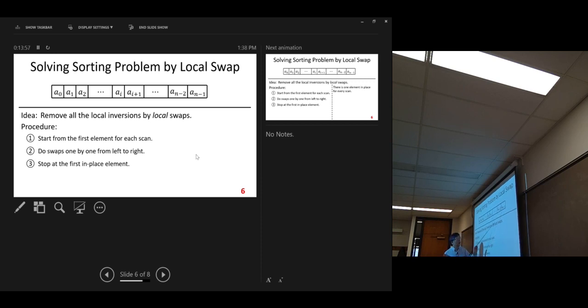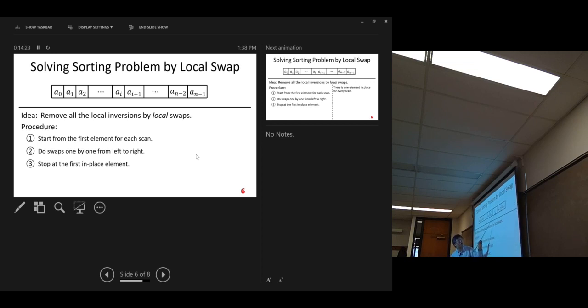Then we do another scan. In our second scan, do we need to look at that? No, we don't. So we stop immediately before the element that is already in place. Our second scan will put the second largest in place.